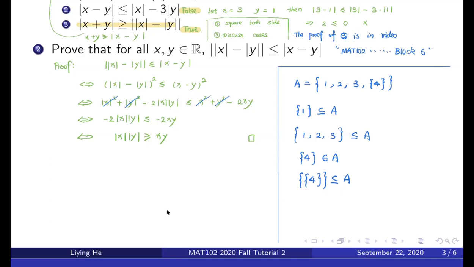I think so. This set has one element, which is this. And we know this element is also an element of A. Therefore, this set is a subset of A. Make sense?